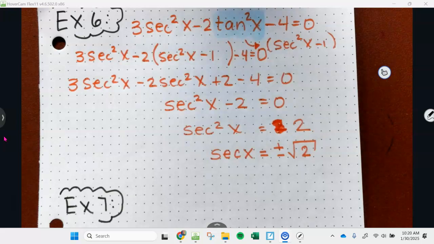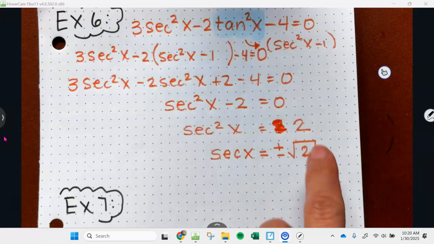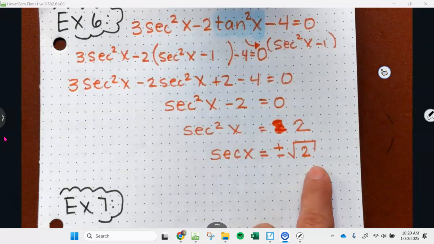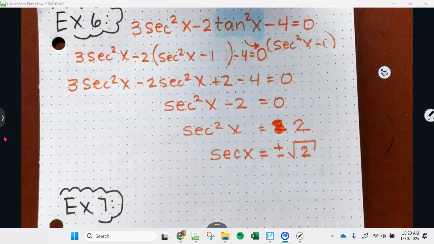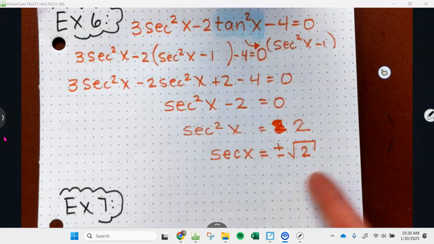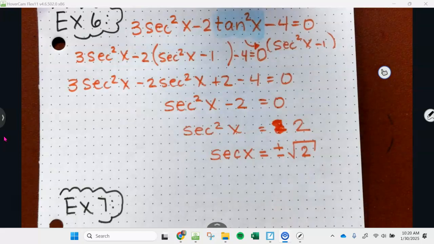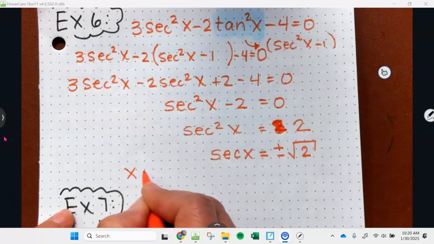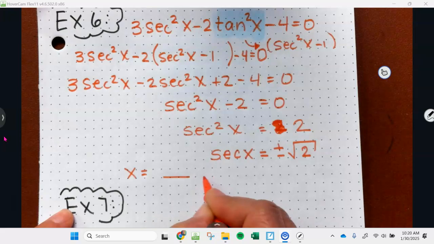All right, so y'all, first of all, it's positive and negative. We know we're going to have 4 answers for all 4 quadrants. And then do you remember what this is the reciprocal of? It's root 2 over 2. So we're just going to write the radians for root 2 over 2 because it's the same. What is the denominator for the answer on these? 4.